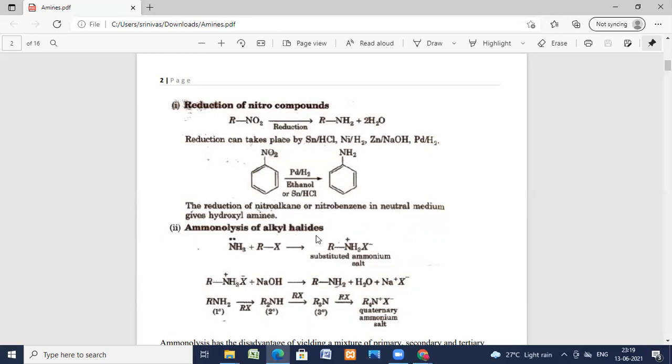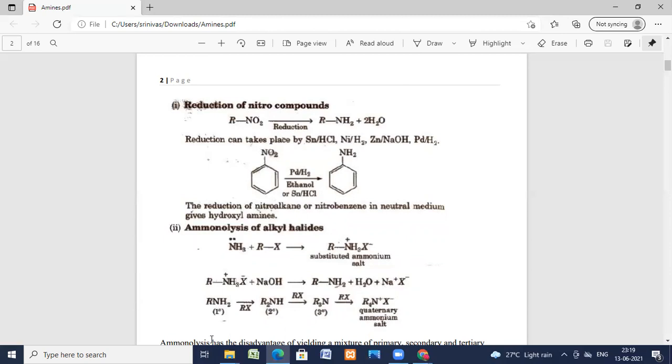Ammonolysis of the alkyl halides. NH3 on reaction with alkyl halide gives a substituted ammonium salt. Similarly, the substituted salt on reaction with sodium hydroxide forms RNH2, primary amine, along with the byproducts sodium halide and water.